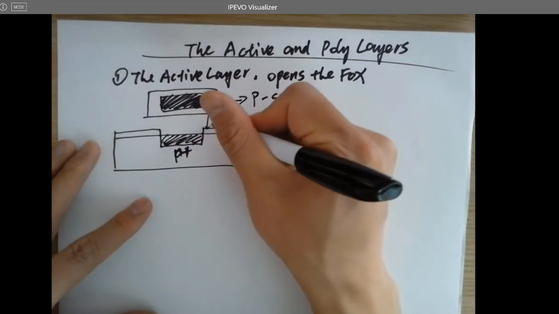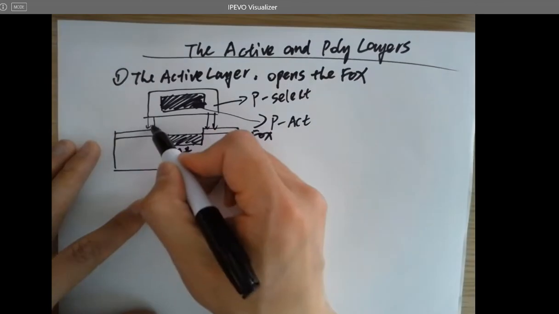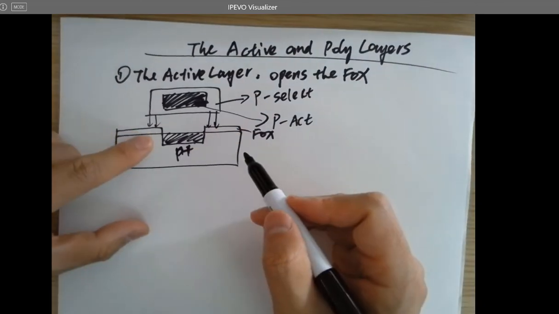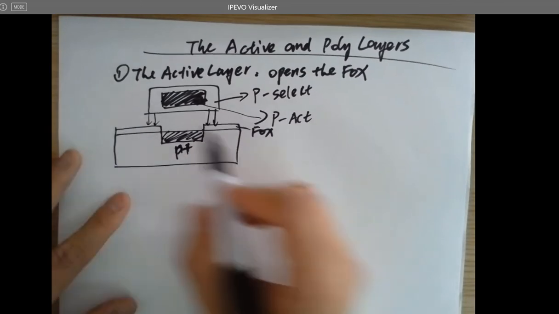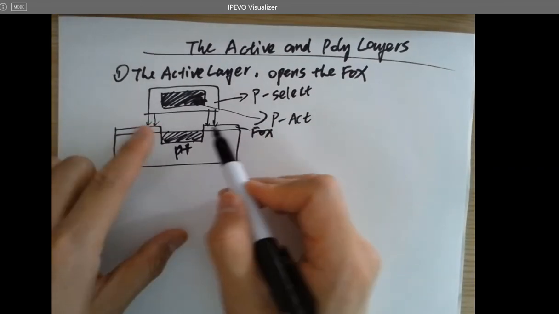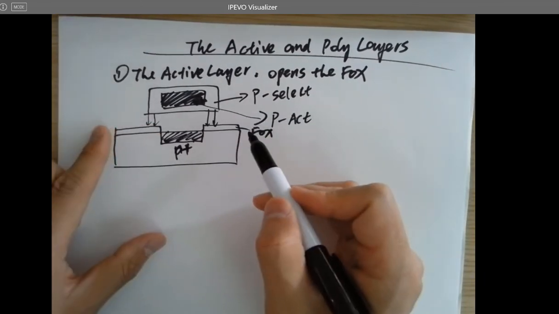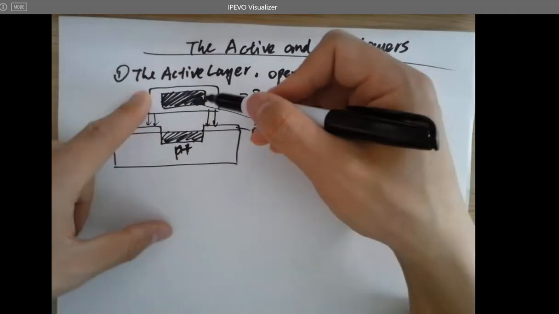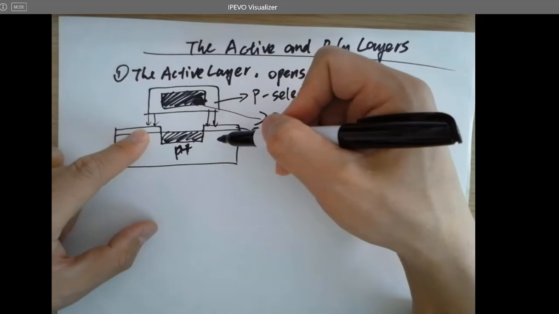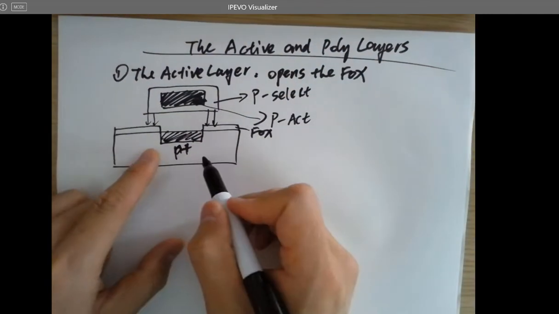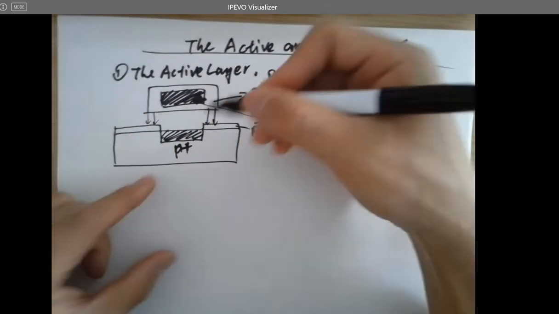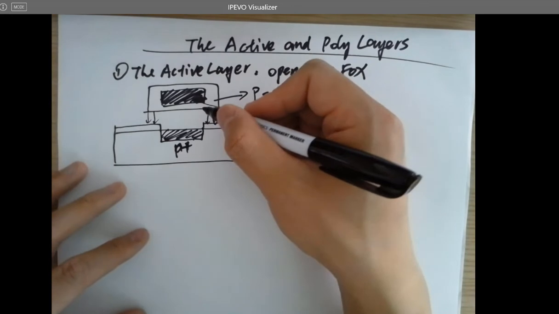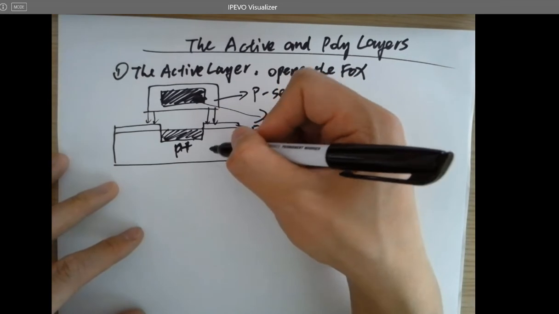So it's doping to this area, but actually it's fine because it's blocking those dopants from getting to the P substrate. And after the doping process, you can remove the Fox layer afterwards. But you don't want to remove it at first because it's going to open up a larger window for the P substrate, which can allow the dopants to get into the P substrate.